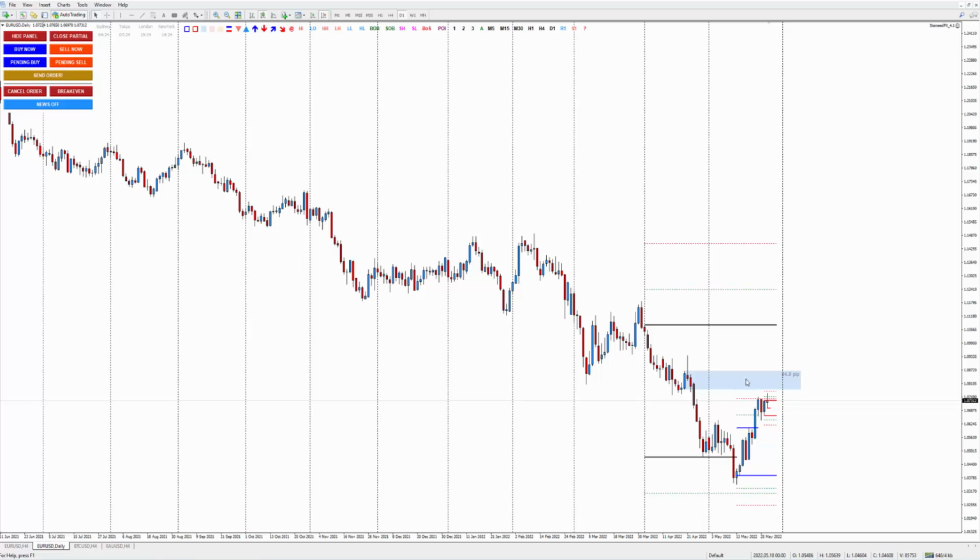I already have an order block over here, for example, and this is in a downtrend. But let's say the market was still over here by that time. Okay, let's say the market is still over here. Now let's go to H1.